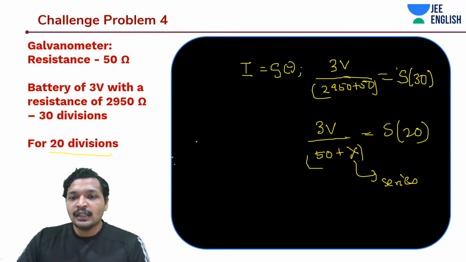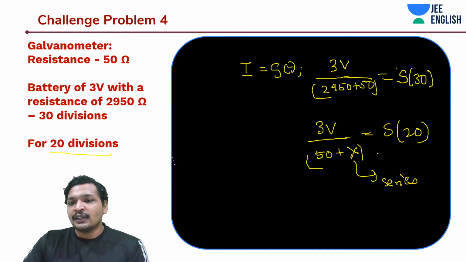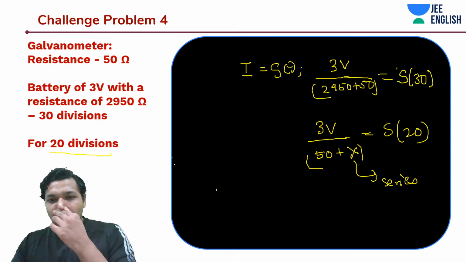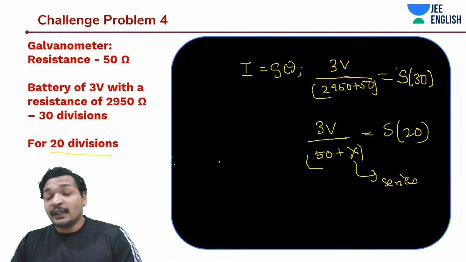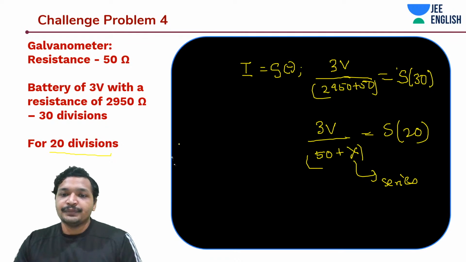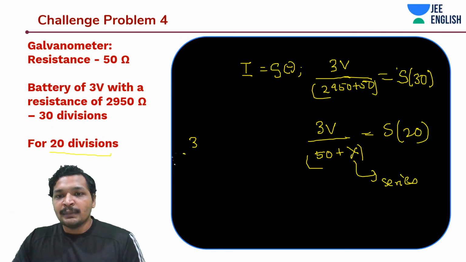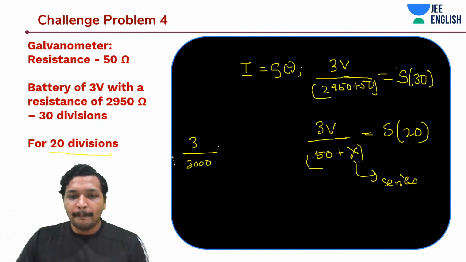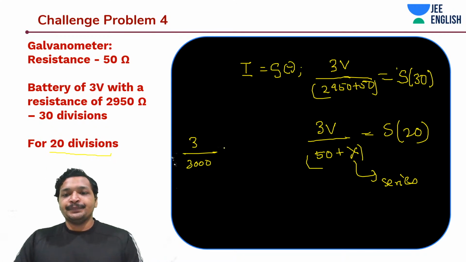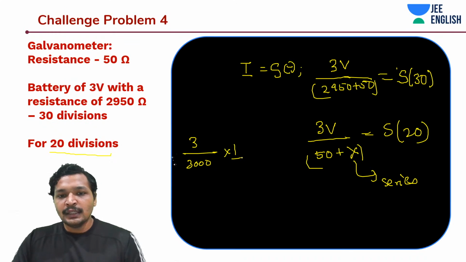Basically, you need to equate S or substitute that value of S. You'll do the same thing, and I would rather equate the value of S, but it is traditionally better to substitute the value of S in this equation. But if I'm going to equate it, what am I going to get? 3 by 3000 divided by 30.